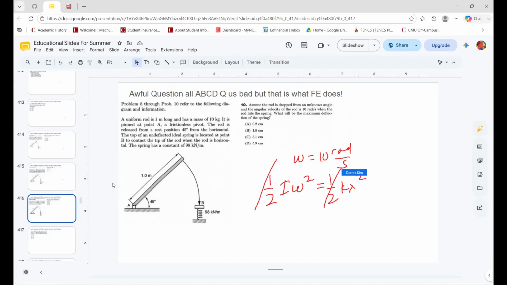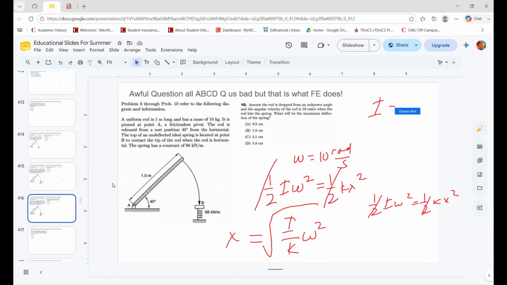What's the maximum deflection? We get rid of the 2. So we get I over k, because 1/2 I omega squared equals 1/2 kx squared. So the square root of I over k times omega squared equals x is what I'm doing. I was something like 10 over 3, right?